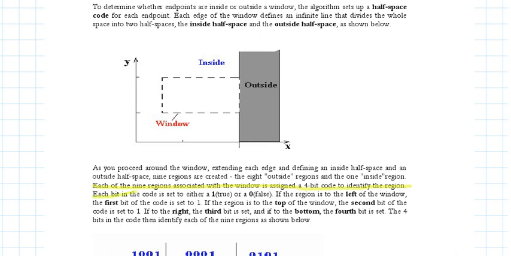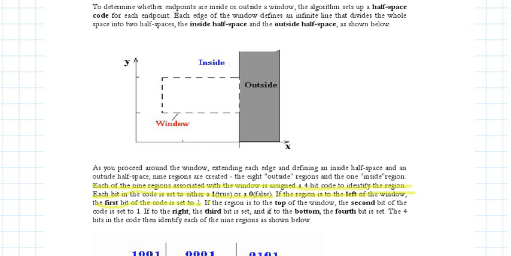Each bit in the code is set to either a 1 true or 0 false. If the region is to the left of the window, the first bit of the code is set to 1.